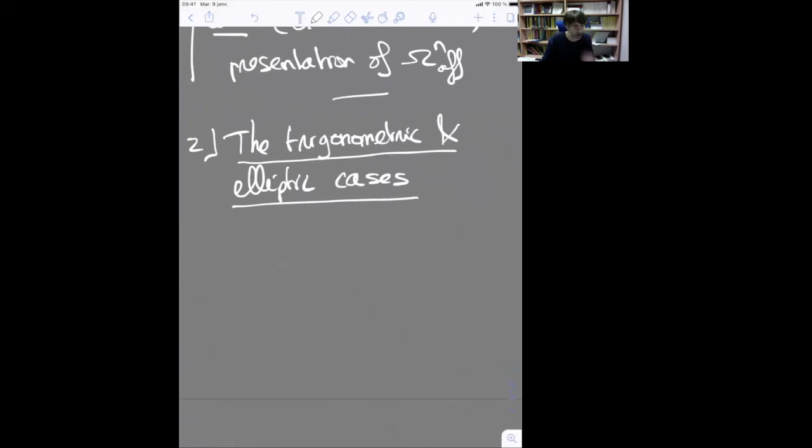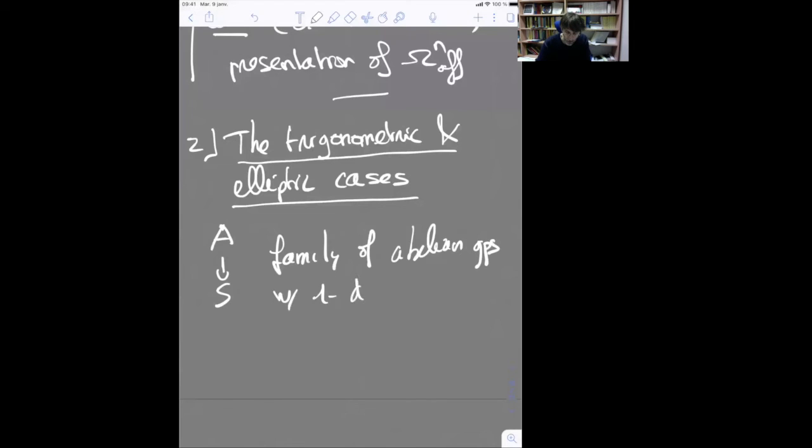In these two cases, we are considering a family of abelian groups with one-dimensional connected fiber.